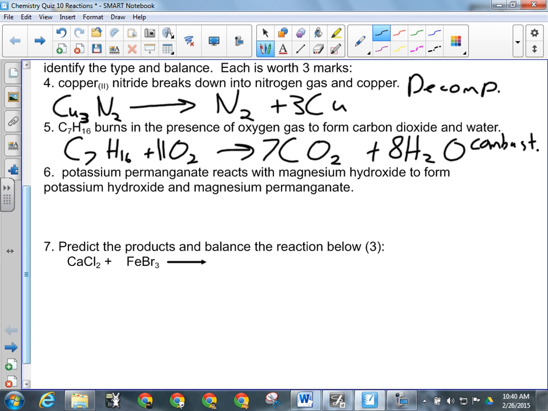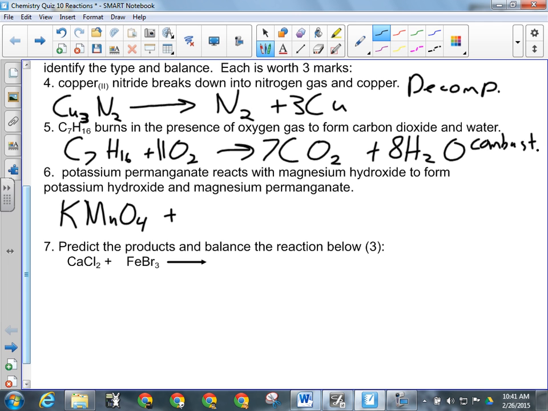Okay, and number 6. Tricky formula stuff here because we got a polyatomic ion. Potassium permanganate, KMnO4. Okay, that's potassium permanganate. I told you the story about the little purple crystals turning your fingers brown, right? Yes. Okay.